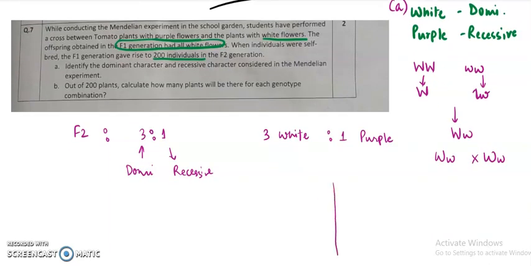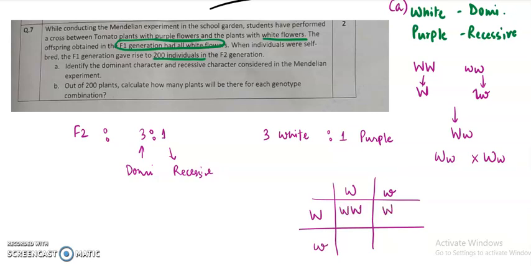Again we'll be making a Punnett square, so we will have capital W, small w, capital W and small w. Here it will be capital W capital W, capital W small w, capital W small w, small w small w. So how many of them are going to be white? This is white, this is white, this is white, this is purple, right?